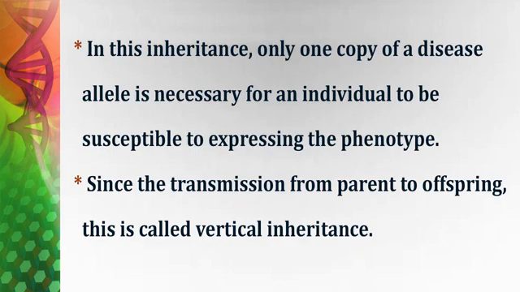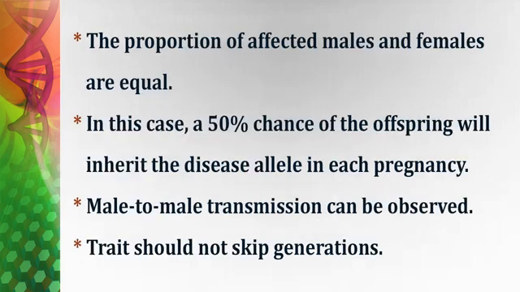Since the transmission is from parents to offspring, this is called vertical inheritance. The proportions of affected males and females are equal. In this case, there is a 50% chance that the offspring will inherit the disease allele in each pregnancy.